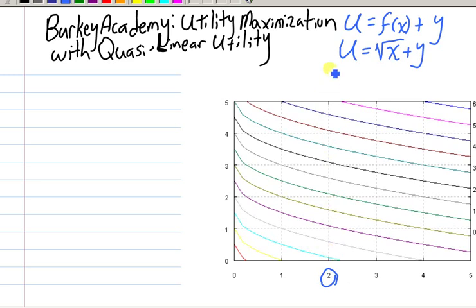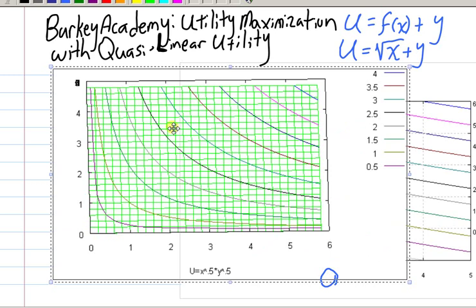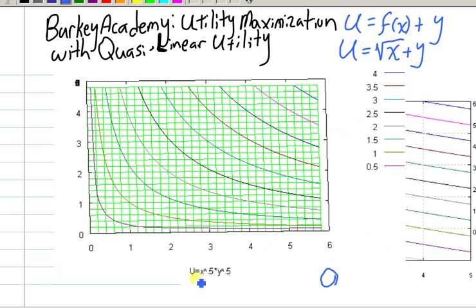With a quasi-linear utility function, one of the big differences from a Cobb-Douglas is this. Let me bring one of those up here just for a minute. You can see here in this Cobb-Douglas, which usually has a functional form of this type, utility equals x raised to some exponent times y raised to some exponent. With a Cobb-Douglas, these indifference curves never intersect the x or the y axis.